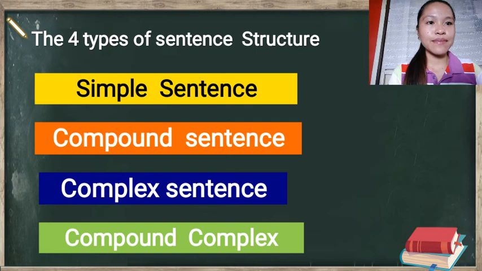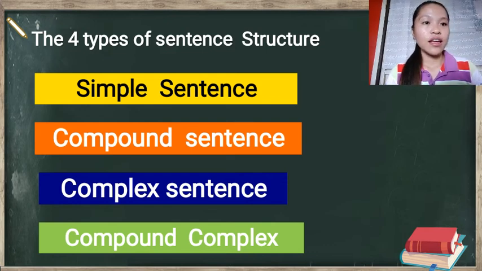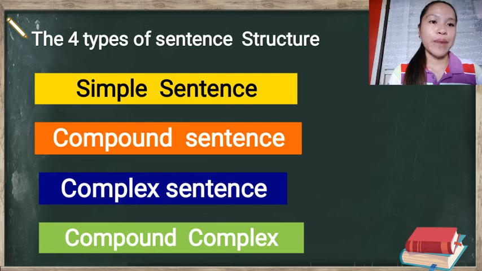So that ends my discussion. I'm done discussing the four types of sentence structure. As a recap, a simple sentence consists of one independent clause, while a compound sentence consists of two independent clauses joined by coordinating conjunctions. If we want to remember the coordinating conjunctions, we will just think of the acronym FANBOYS.